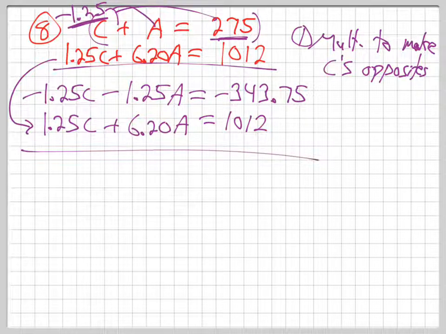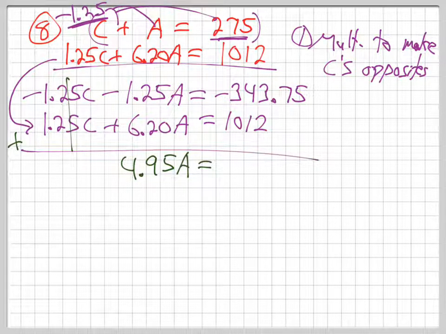And now I'm going to add these up. These cancel. And what is 6.20 minus 1.25? This is 4.95A. Subtract those other ones. I'm getting 668.25.